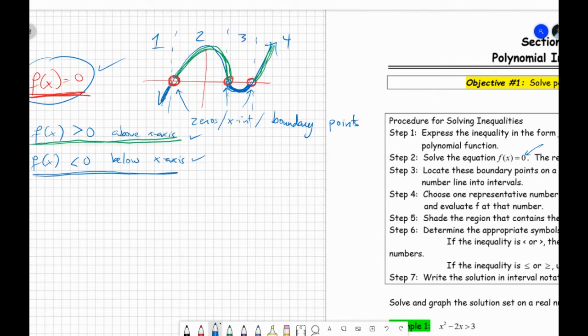So the number of intervals is almost always going to be n plus 1, where n is the number of boundary points. Now, it's not always the case.